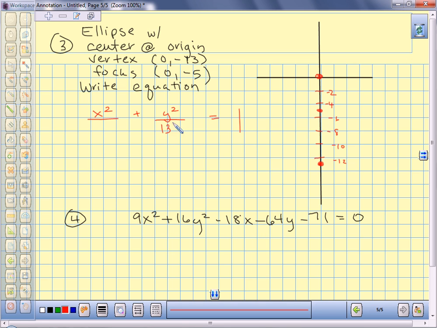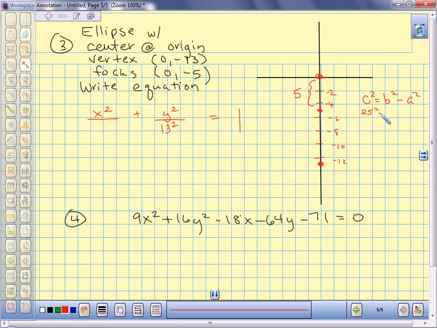Now what I have to figure out is what a would be. You have to do it backwards, because I know that c squared is going to be equal to b squared minus a squared. I know that c is 5, right? The distance from the center to the focus is 5. So this would be 25 is equal to, well, I also know the b is 13, so this would be 169.